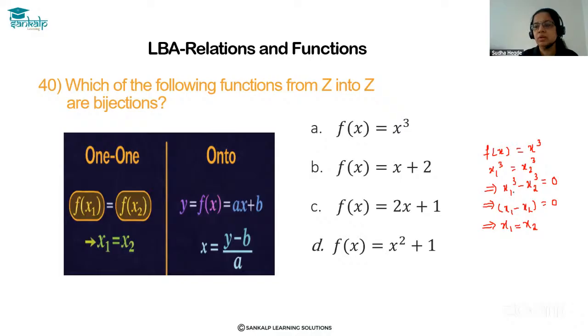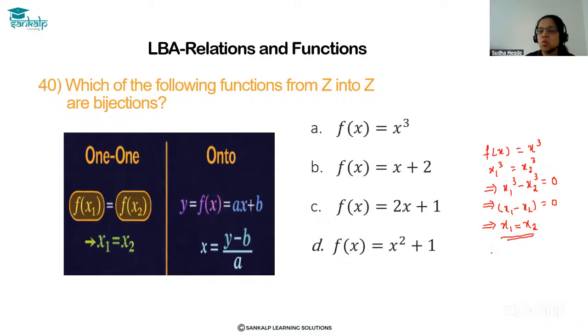You know the factors of x1 cube minus x2 cube. It is x1 minus x2 into x1 square plus x1 x2 plus x2 square. So I have taken only one factor and equated it to 0. You will get x1 is equal to x2. So this function is one-one.